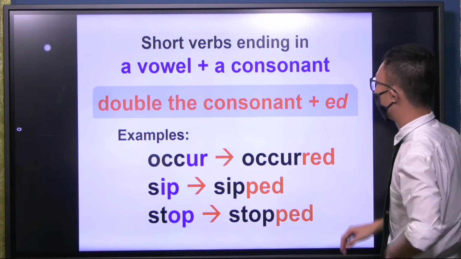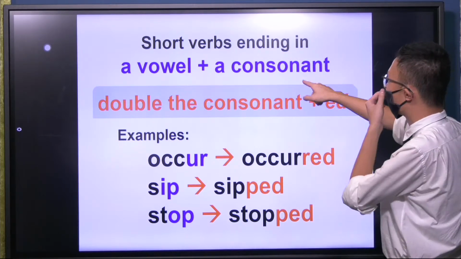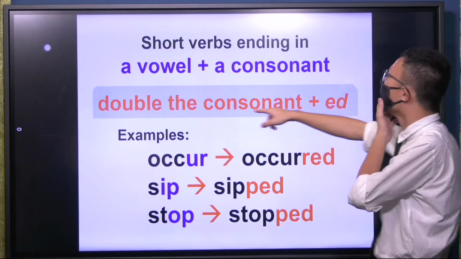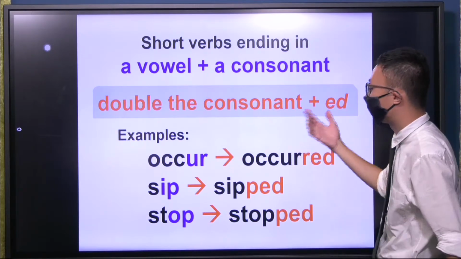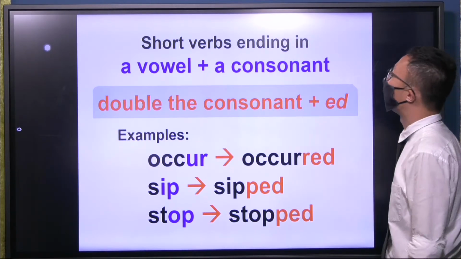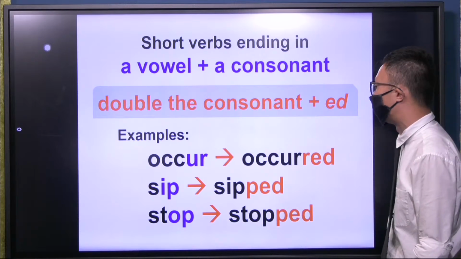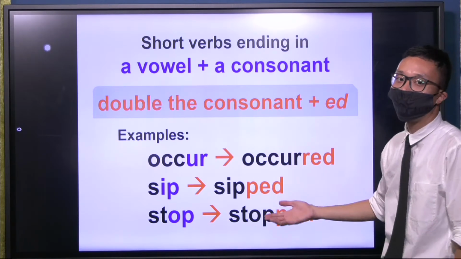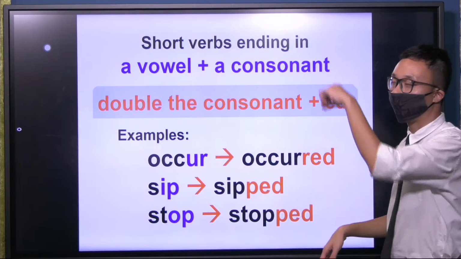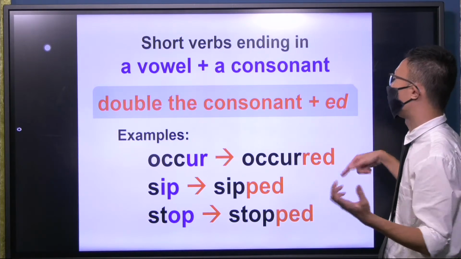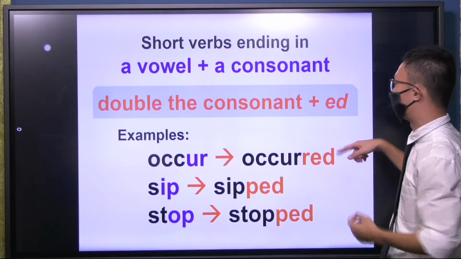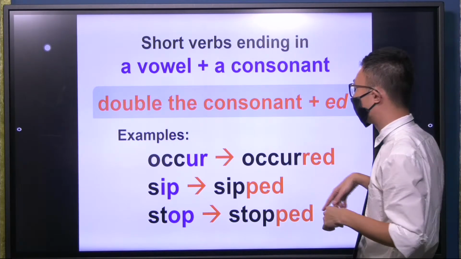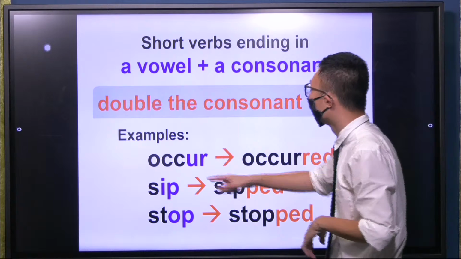And then we also have a short verb ending with a vowel and a consonant: double the consonant and add ed. But this is a really odd one, so if you just remember it, that would be nice. Like the word swimming, which you saw earlier, has two Ms. That's the same thing for the ing form and ed, except swim's past tense is not swimmed, but anyway.